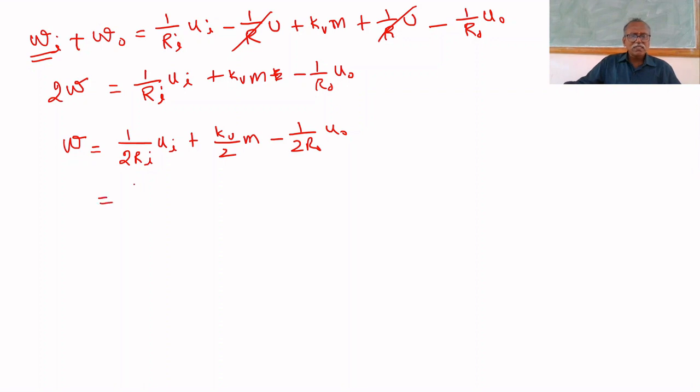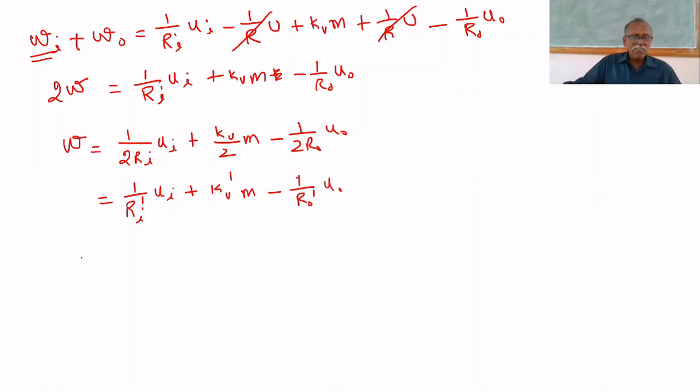That's why we can call this 1 by Ri dash Ui plus Kv dash. Instead of Kv by 2, it can be called Kv dash M minus 1 by R naught dash U naught.